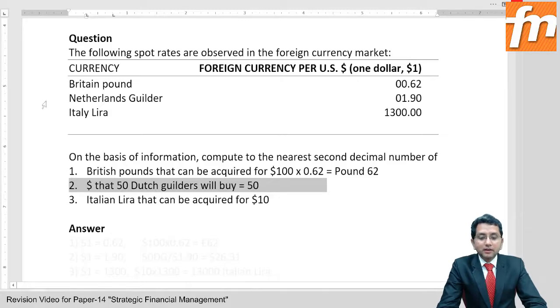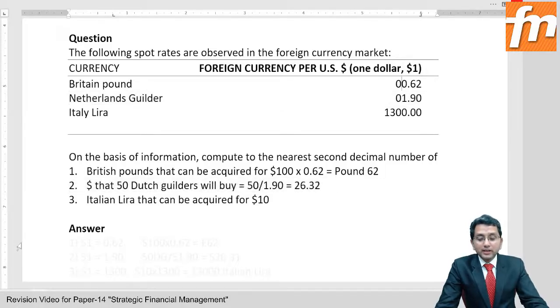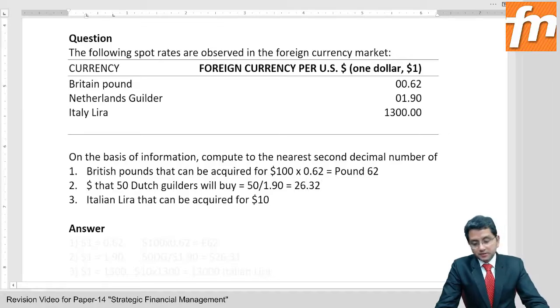Rather, the rate is available for $1. It means I need to divide by this rate. 50 divided by 1.90 is equal to 26.32, so $26.32.